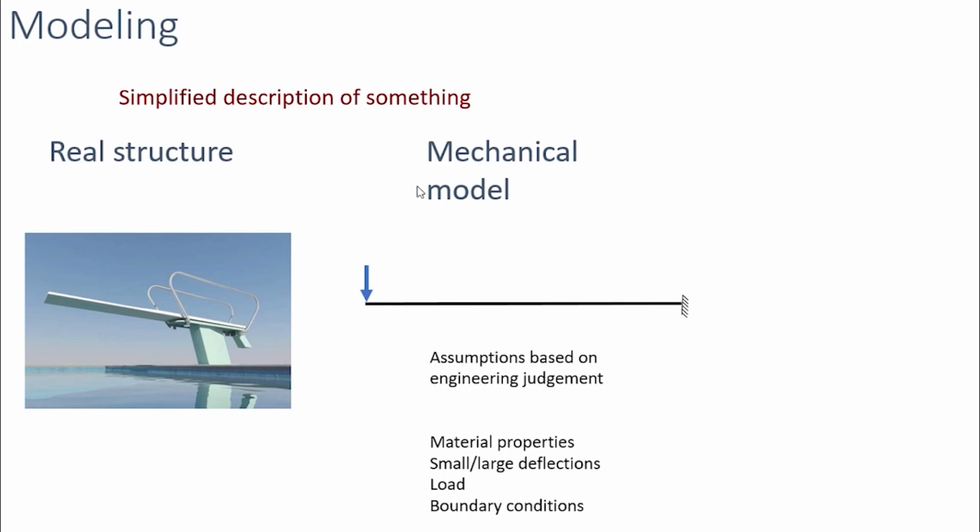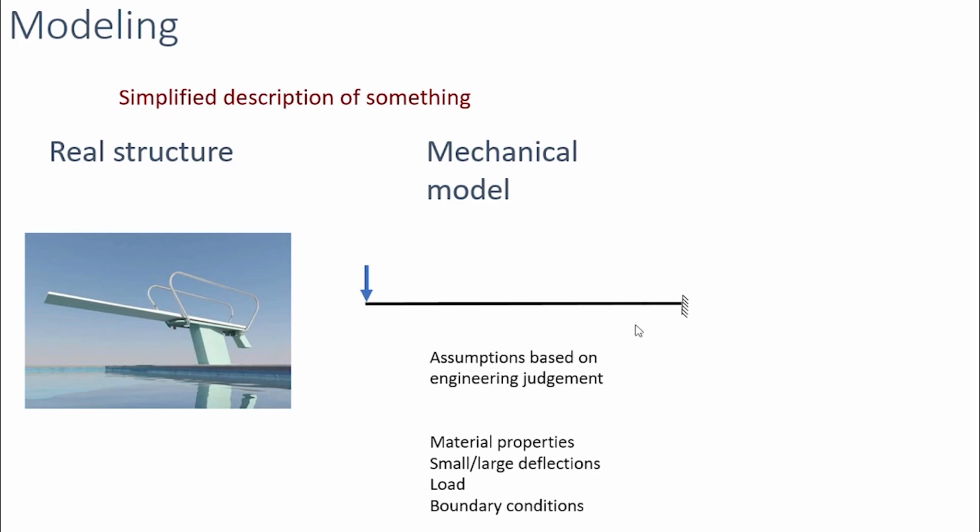In making this model, I have to make some assumptions based on some engineering judgment. Here we can see that this board is rigidly clamped to this support system. So I can assume that this structure has a fixed support at this end because it cannot rotate or translate in any direction.